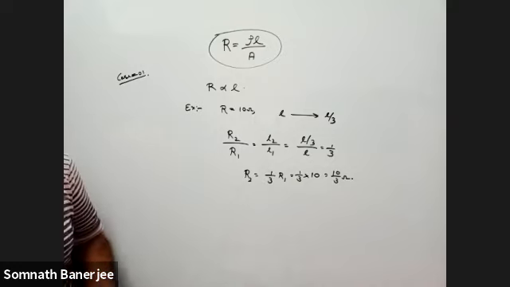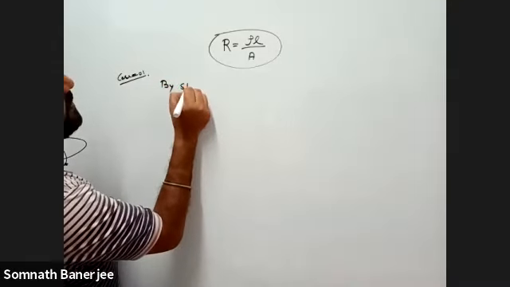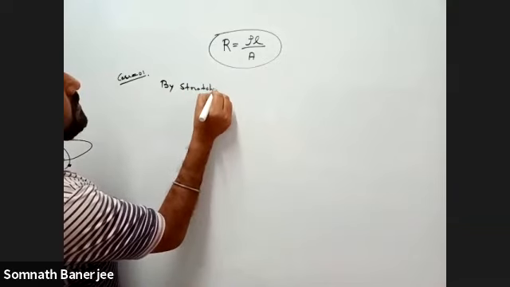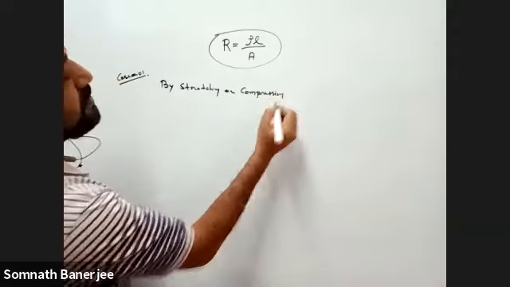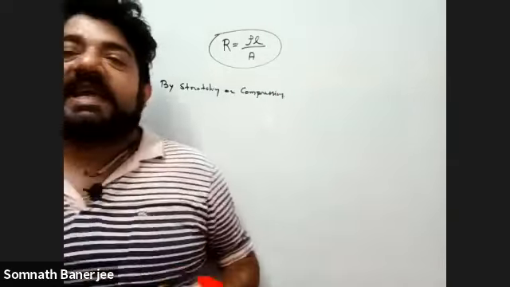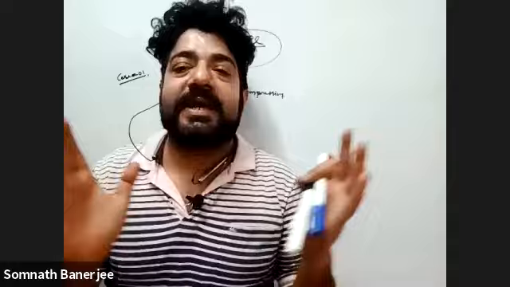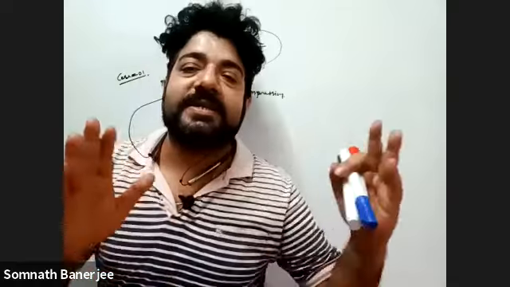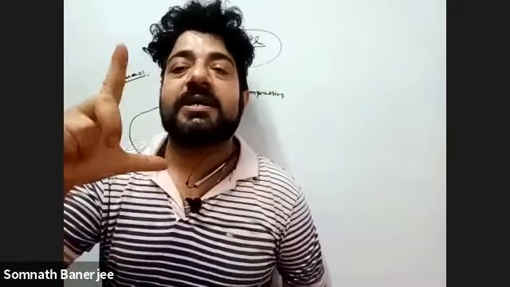Now case 2, which is very important. Suppose by stretching or compressing, if you change the wire, let L become 3L by stretching, or L become L by 3 by compressing. In this type, as the length is increasing, the cross-sectional area is decreasing, and if the length is decreasing, the cross-sectional area is increasing.